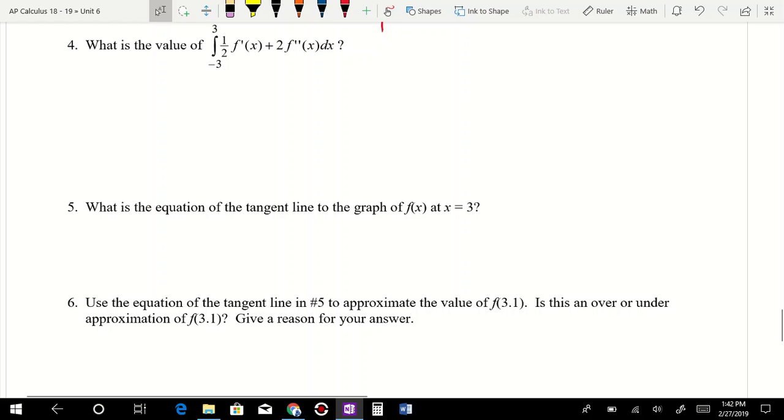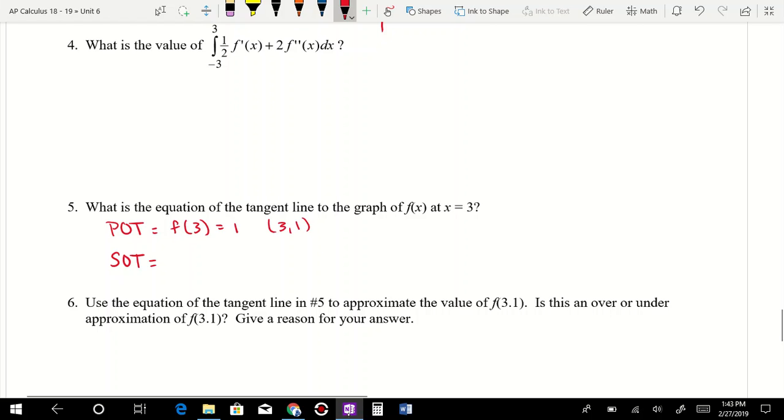So now we want to write the equation of the tangent line to the graph of f of x at x equals 3. There isn't much we need to know here except for the point of tangency and the slope of tangency. Point of tangency we find by plugging in 3 into our original function. So f of 3 is equal to 1, so our point is (3, 1).